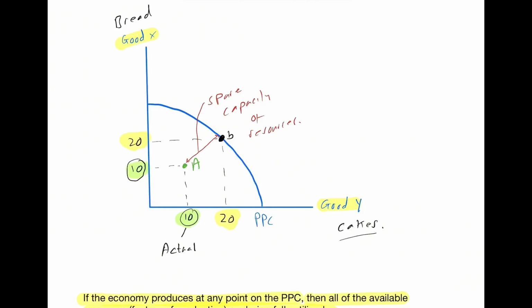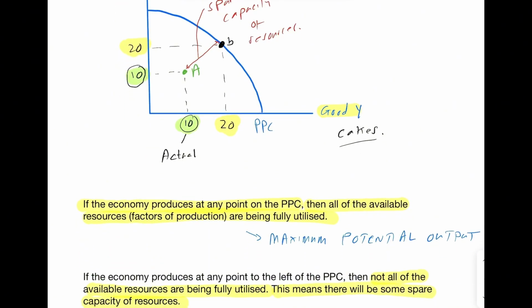So currently, there are simply not enough resources available for the economy to produce at any point to the right-hand side of the PPC. It is unobtainable. It is not possible, okay? Because the economy doesn't have enough resources available to produce beyond its maximum potential output.